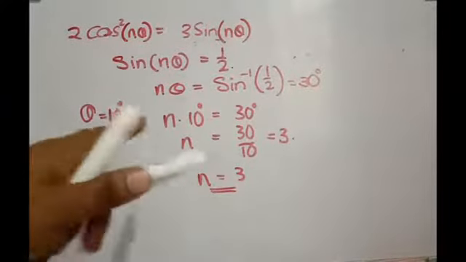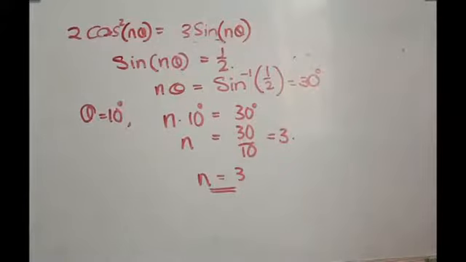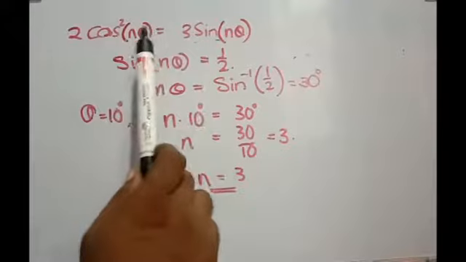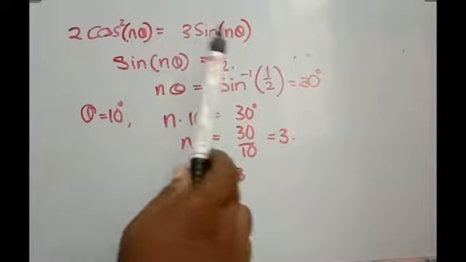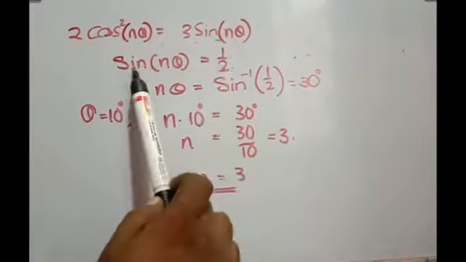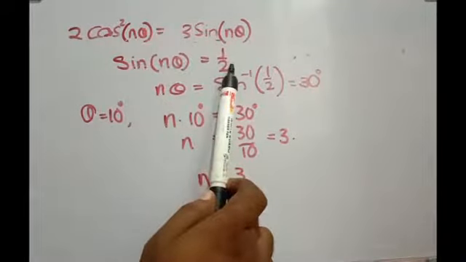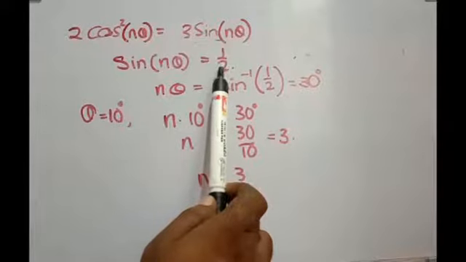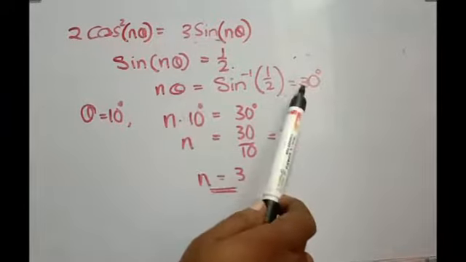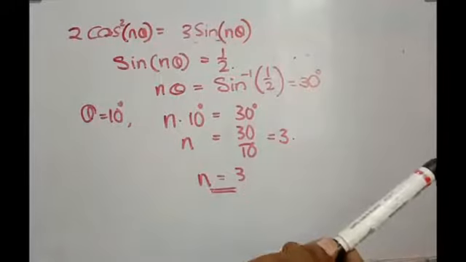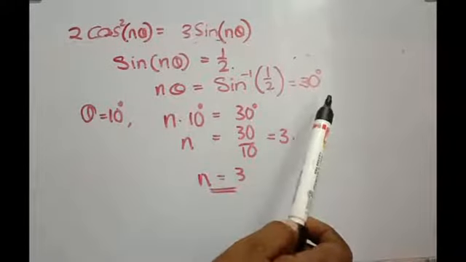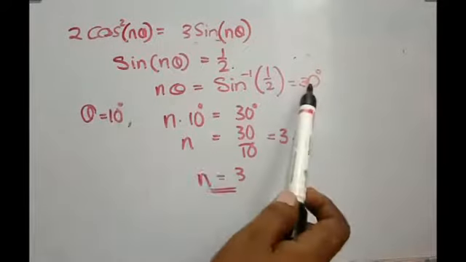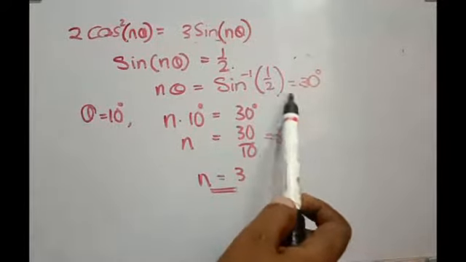Okay, check once again. In the previous question, in part A itself, we solved this equation for theta and got sine theta as 1 by 2. That means in this question, sine n theta is equal to 1 by 2, or n theta is 30 degrees. There we got theta as 30 degrees, so here it is n theta is 30 degrees. But in the question they have mentioned clearly the smallest angle, and you know this 30 degrees is the basic angle or acute angle.